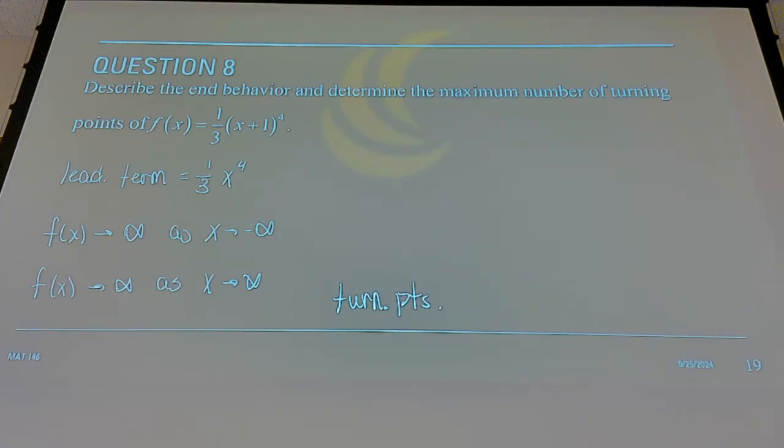What is the maximum number of turning points? So you can have 0, 1, 2, or 3 turning points. In fact, here you're only going to have 1. We'll be at -1.